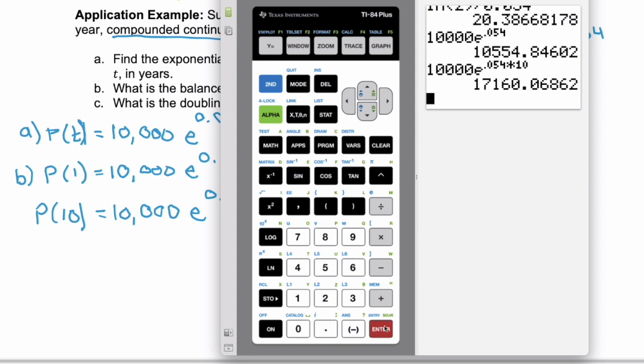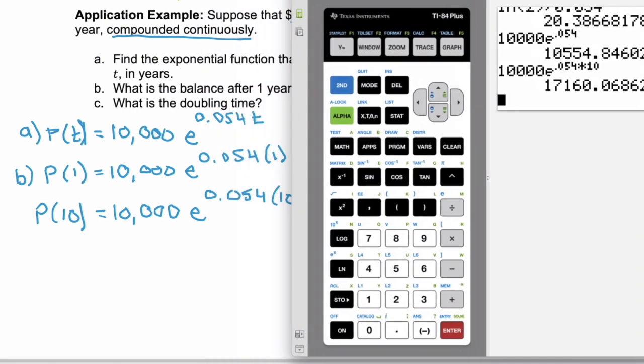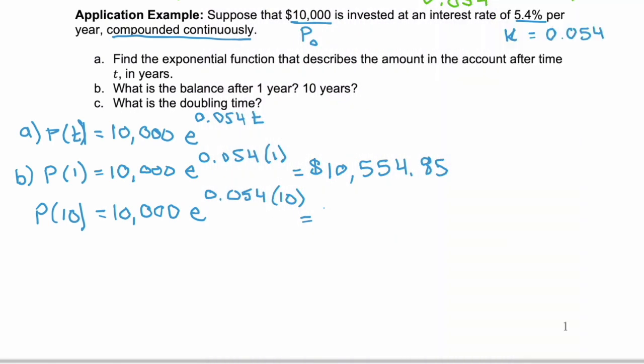After 10 years, we have $17,160.07. So we'll write that, $17,160.07.